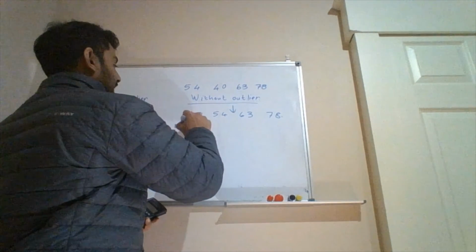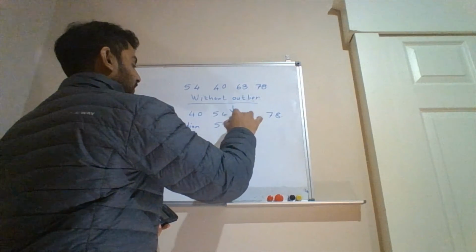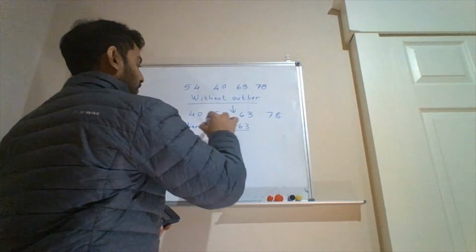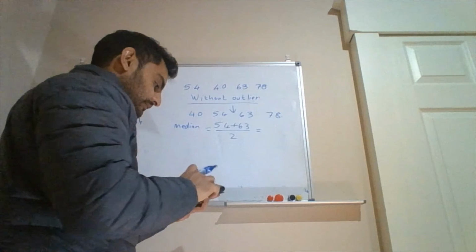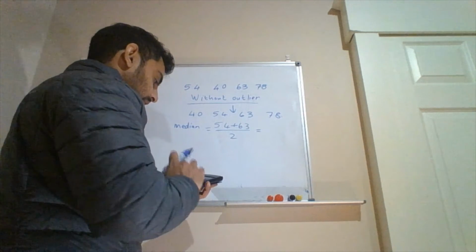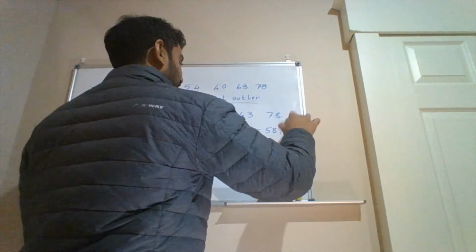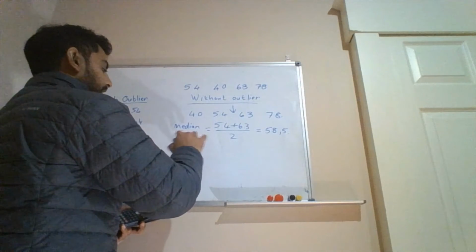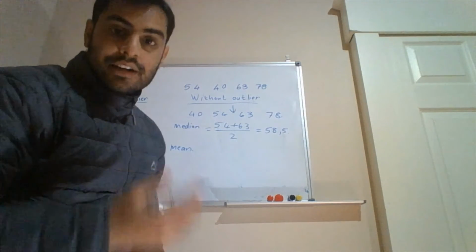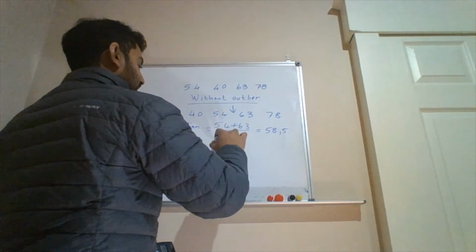To get the average of these two values, we just add them up and divide by 2, and this comes out to 58,5.